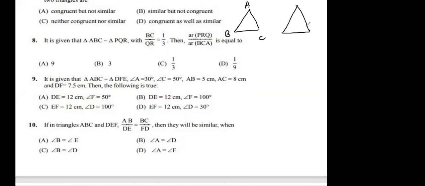It is already given that ABC is similar to triangle DEF. If angle A is equal to 30, then the corresponding angle will also be 30, automatically equal. If angle C is equal to 50, then this one will automatically be equal to 50. Okay.